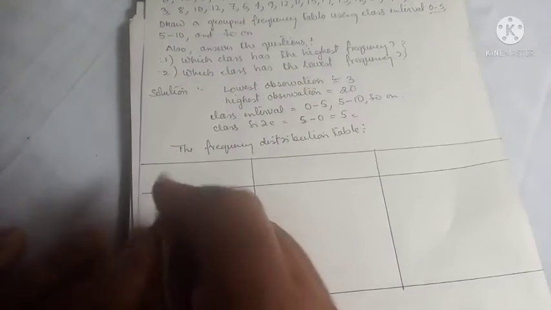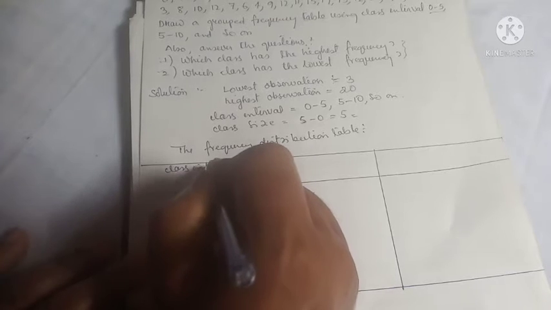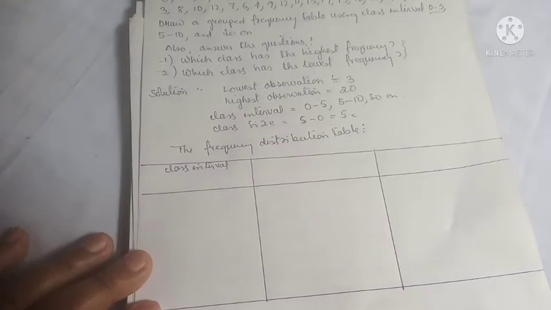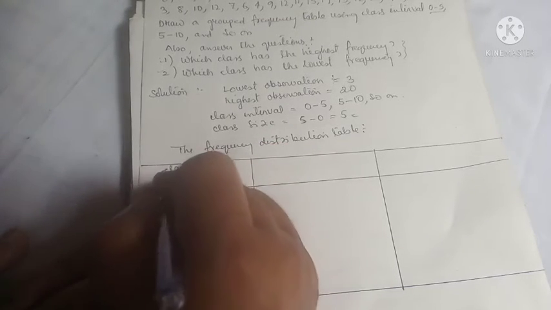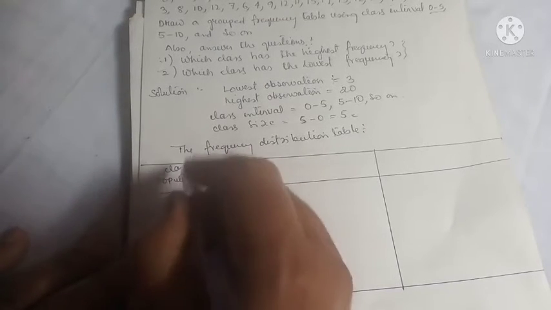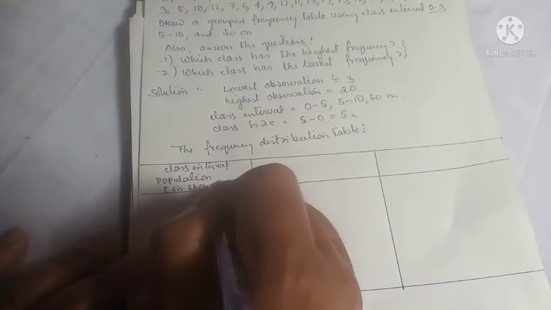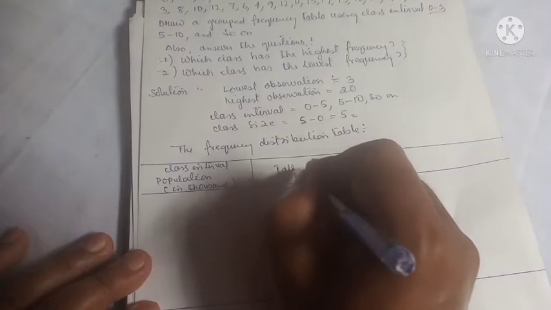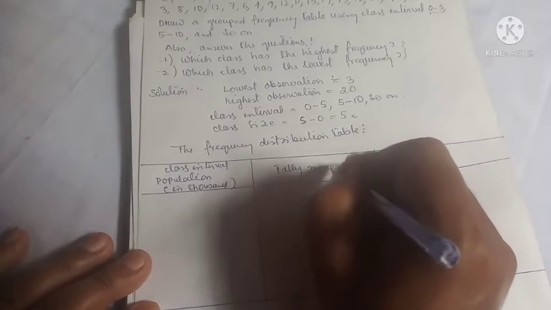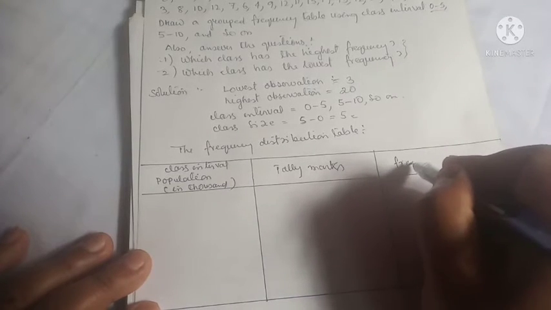Now this will be the class interval, then population in thousands, and the next is frequency.